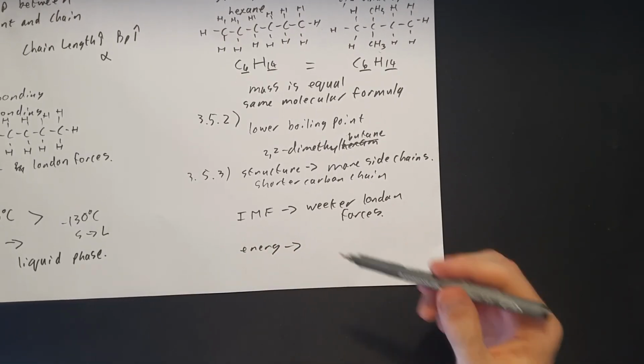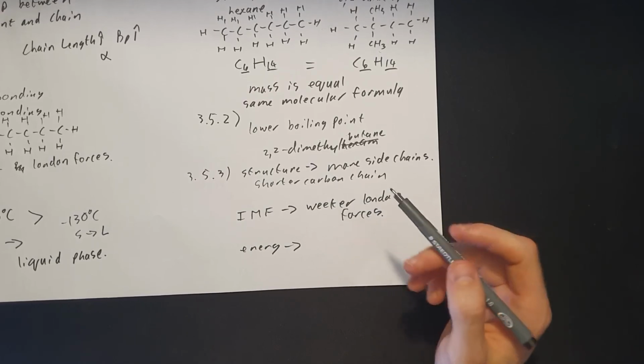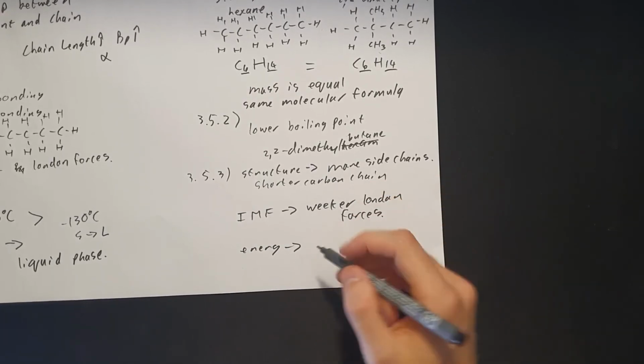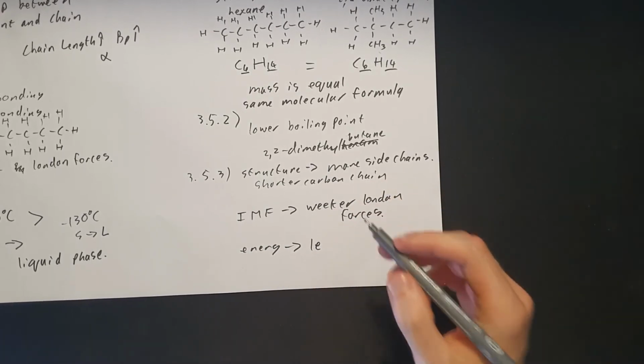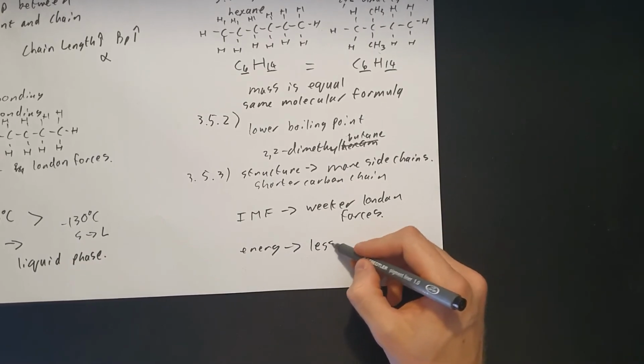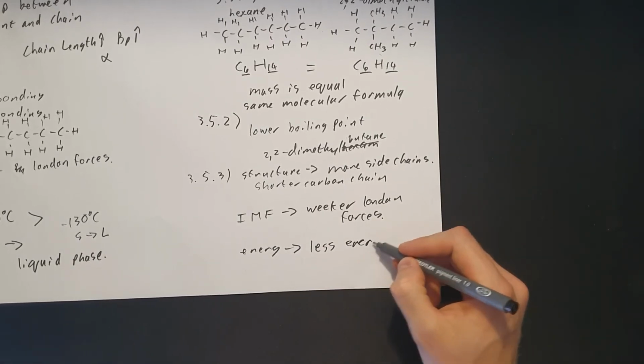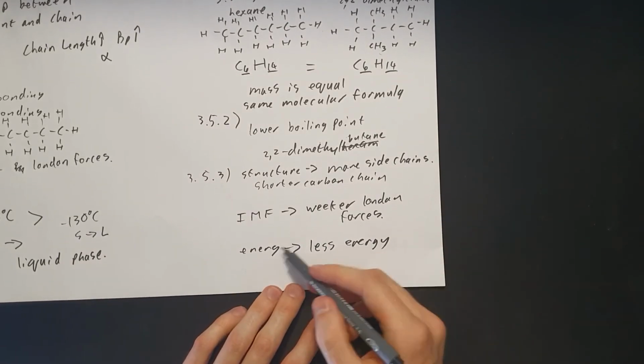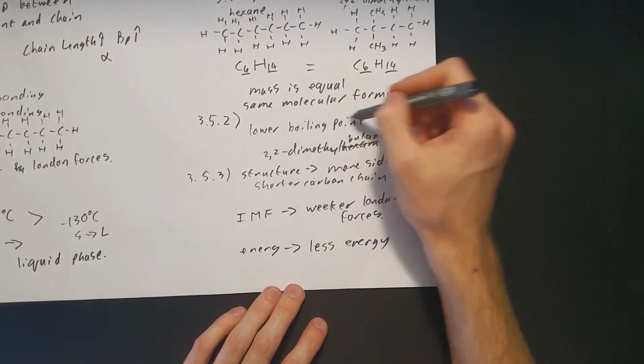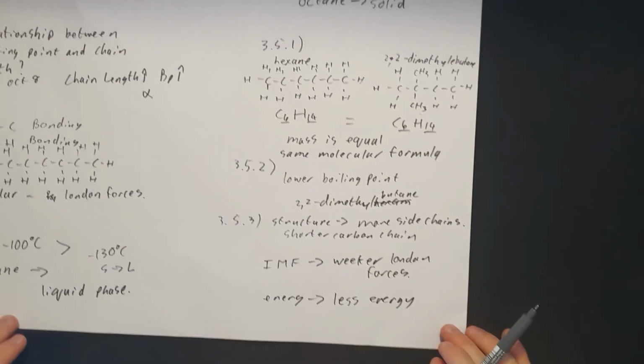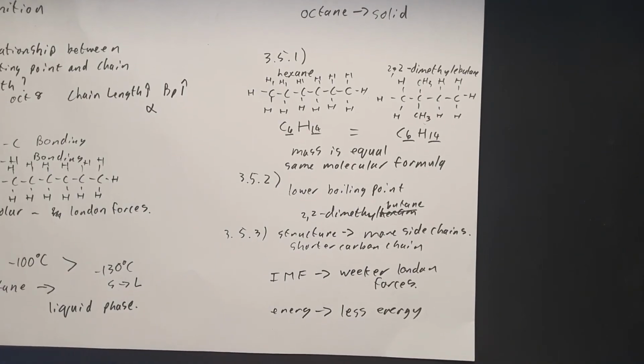And lastly, for the energy, because it is weaker forces, it needs less energy. Therefore, because it needs less energy, it has a lower boiling point. Okay, and that's how we go about doing question 3.